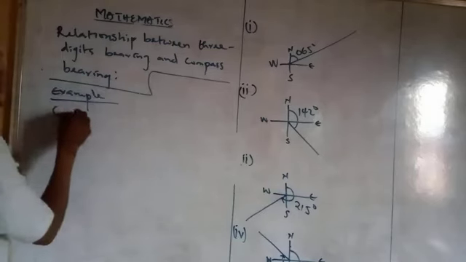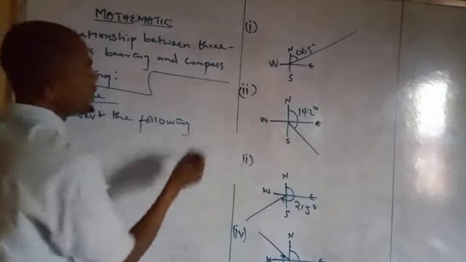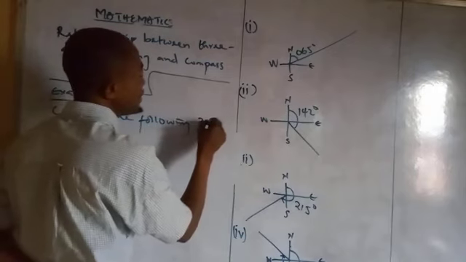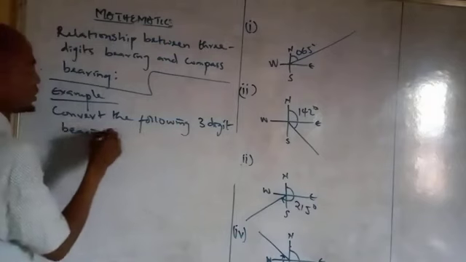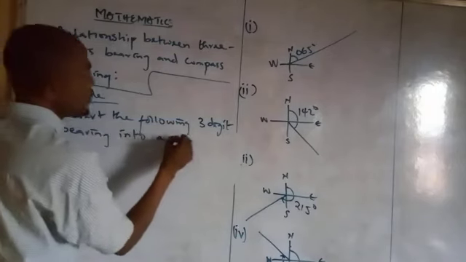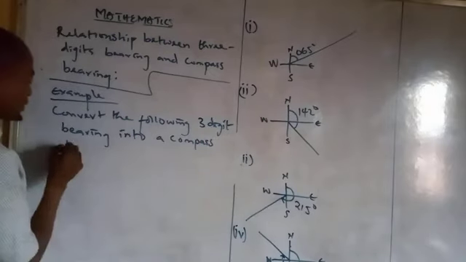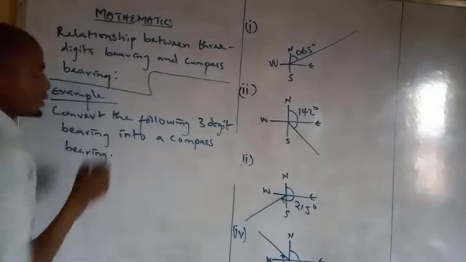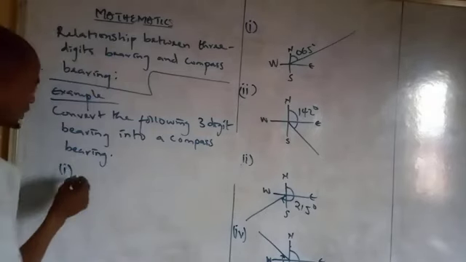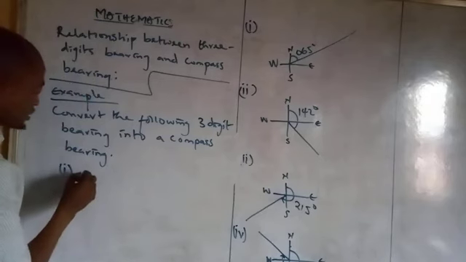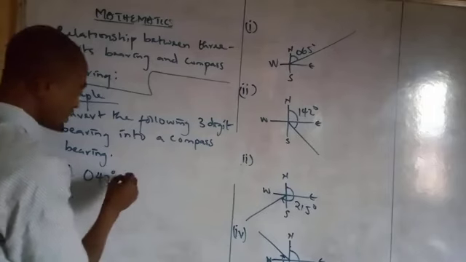It says convert the following 3-digit bearing into a compass bearing. Roman figure 1, let's say we have 042 degree. This is a 3-digit bearing.